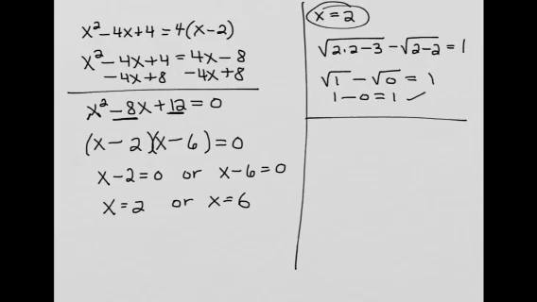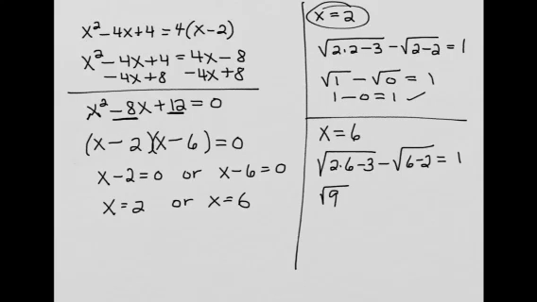Now let's try x equals 6. 2 times 6 minus 3 minus 6 minus 2, and the 6 minus 2 is under the radical, equals 1. All right. So 2 times 6 is 12, minus 3 gives me 9.